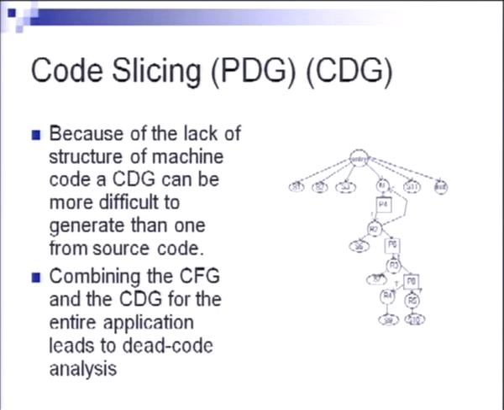Oh yes, and if you combine the CFG, the control flow graph, and the control dependence graph for the entire application, that can lead you to dead code analysis, which can show you where, hey, we can chop this code out of the binary because it will never be executed anyways, which is how compilers do some of their optimization.